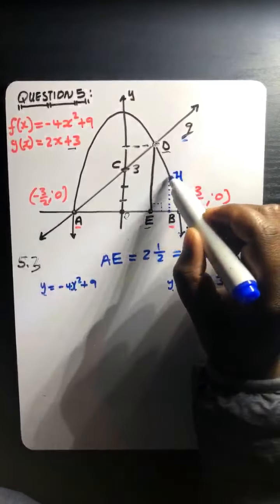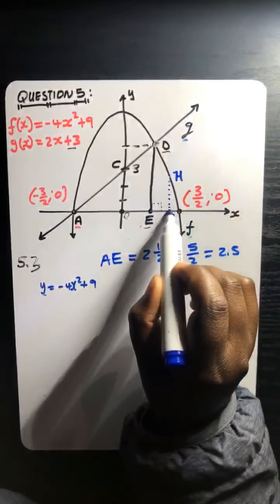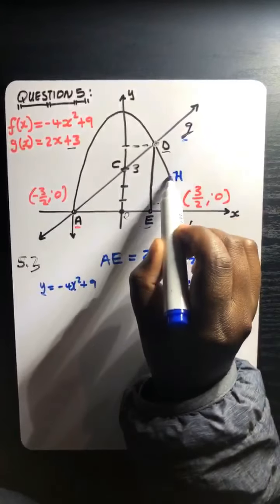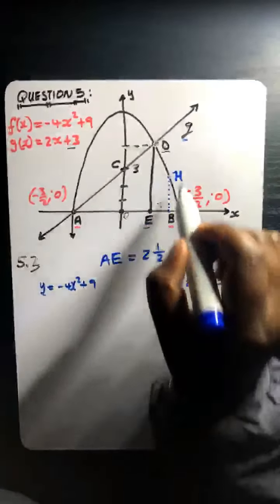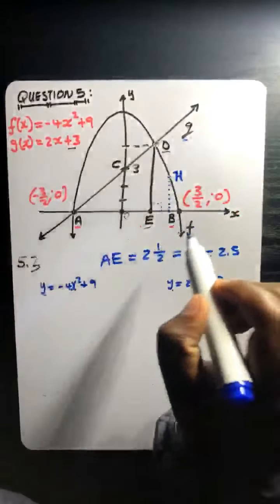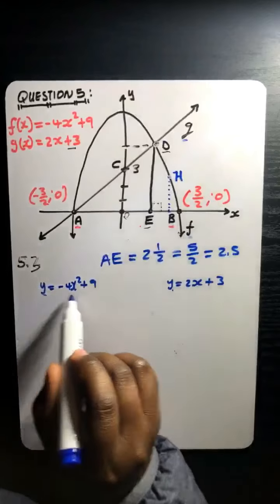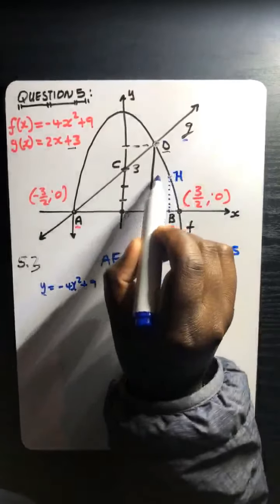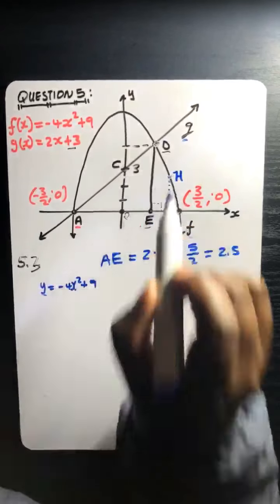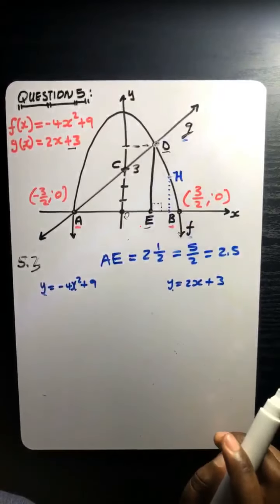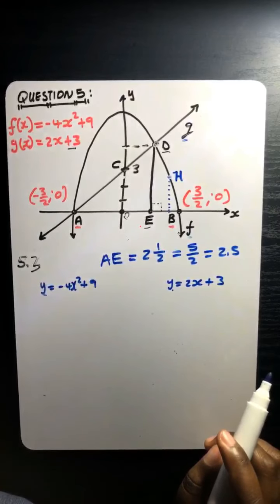So let's say this is H. So if it's H, you ask yourself, from there all the way up to that point, on which function is it touching? Is it touching on F or G? If it's touching on F, that means you cannot use this one, but you can only use this one to calculate the y value. And that y value is actually from there to there. I'm not sure if you guys get my point there, but I hope you do.